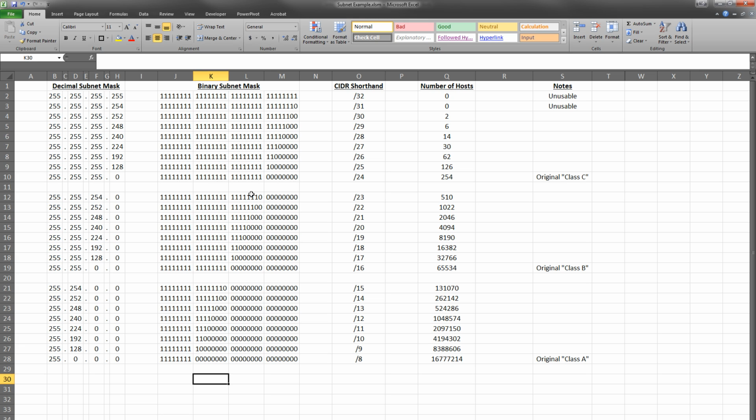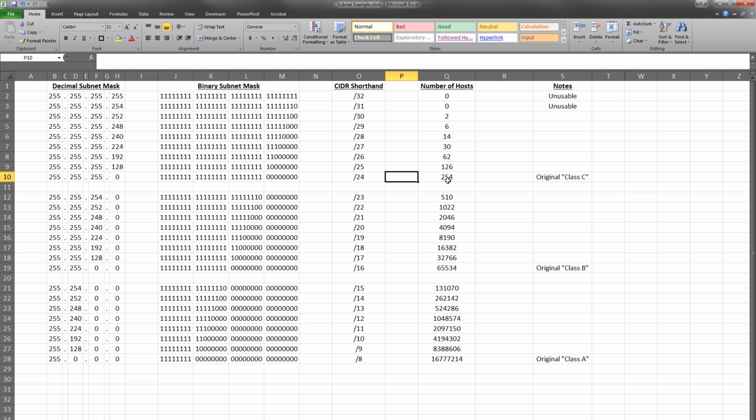Each of them gives us a different number of hosts. So for example, this 255.255.255.0 subnet mask that we just used, which has the last octet, or 8 bits, as zeros, its shorthand is the /24 network, because it's 24 ones and 8 zeros.